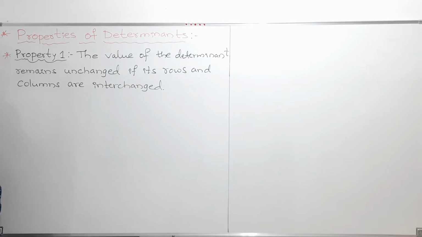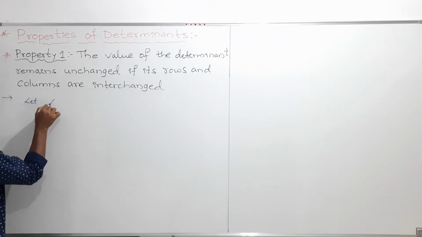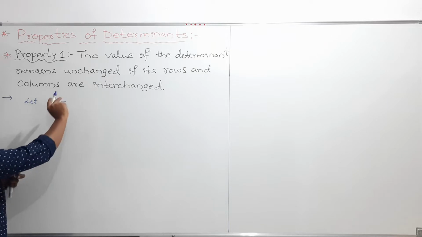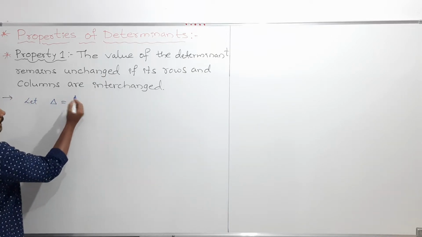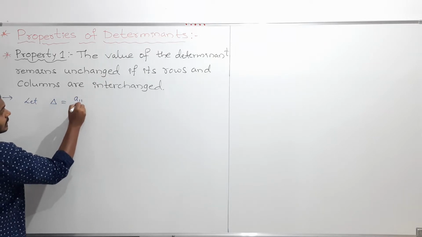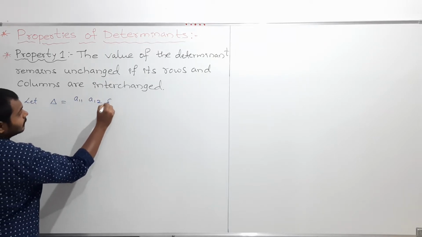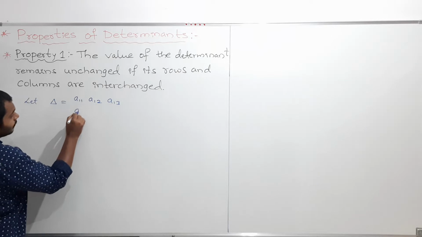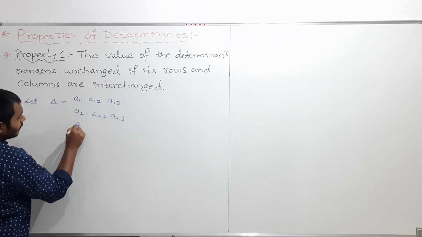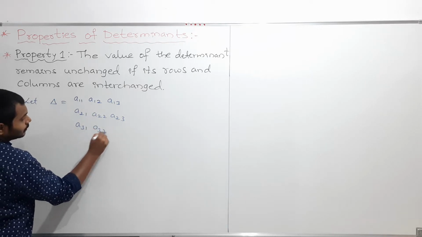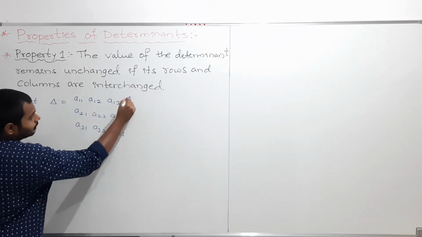I'll consider one general matrix. You can take it as proof. Let the determinant, this is the determinant symbol that we already discussed. I am considering one determinant, generally taking it as a11, a12, a13, a21, a22, a23, a31, a32, a33.